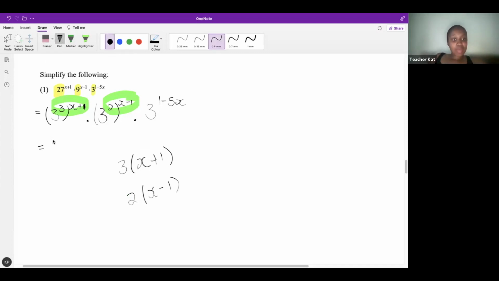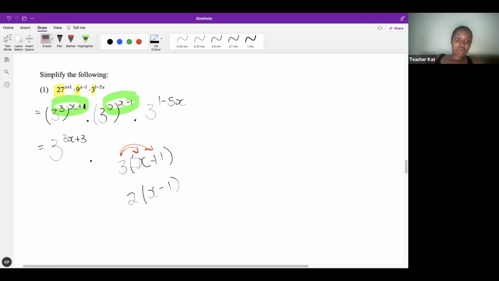So I'm still going to keep my base 3. And the first one is going to have the exponent of what? If I'm distributing, we're going back to algebra here. There we go. So it's going to be 3 to the power of, for my first one, 3x plus 3. Thank you.